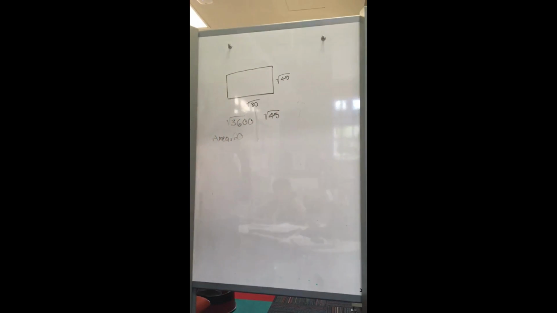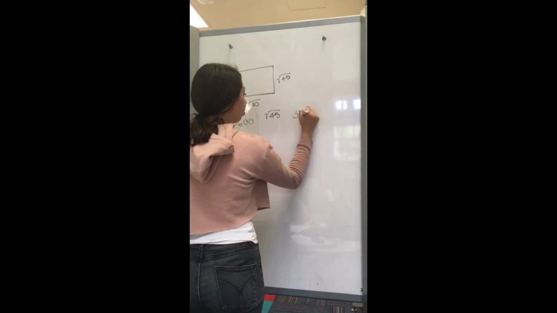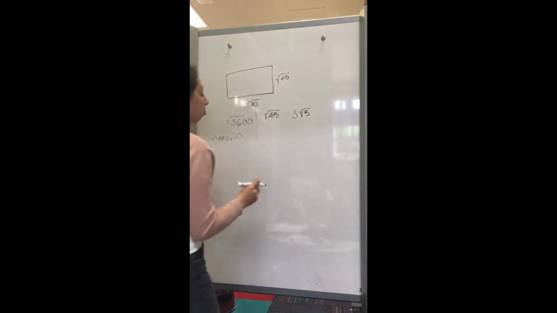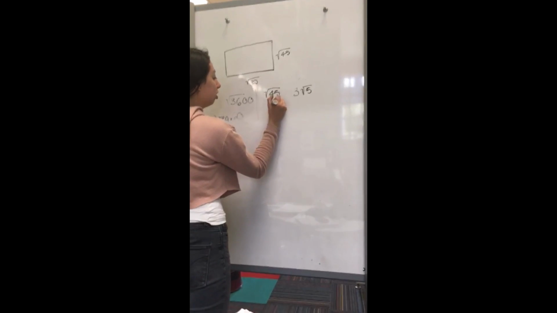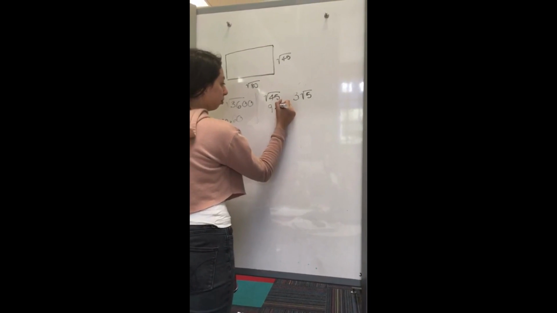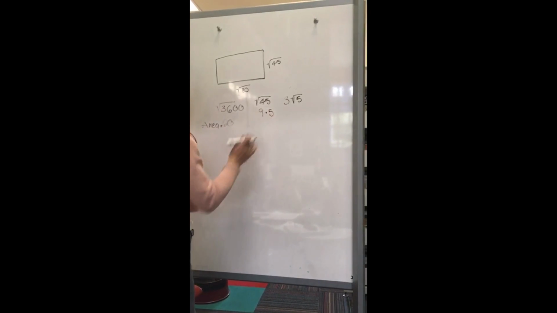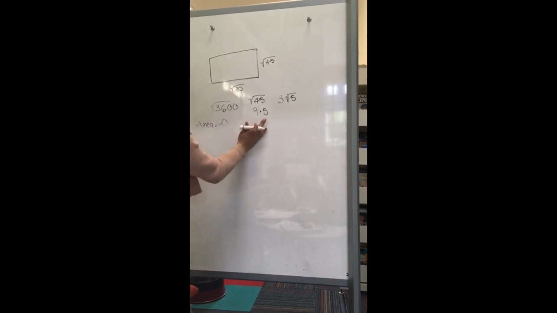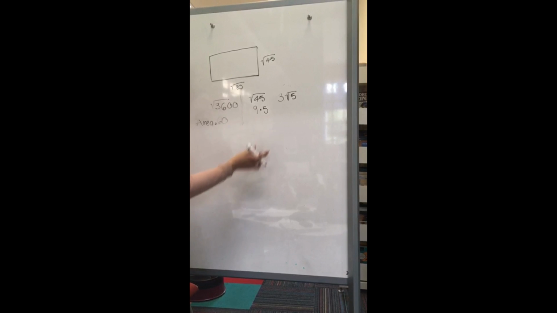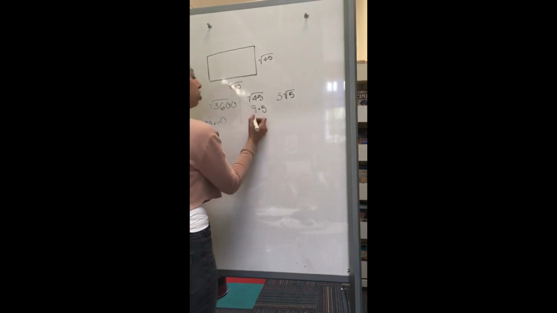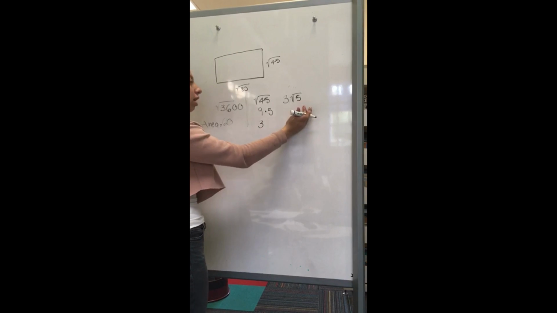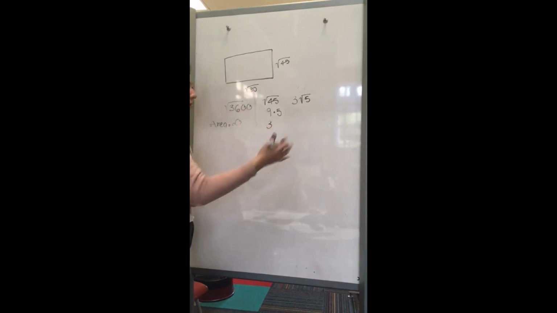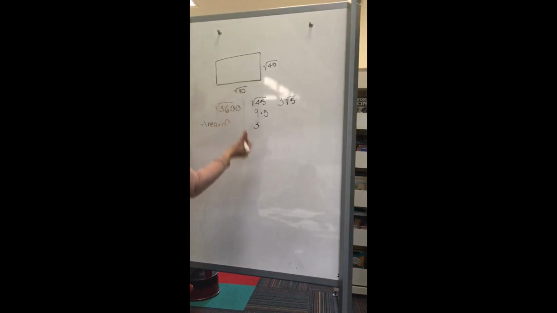So the 45 would be 3 square root of 5, because 45 is equal to 9 multiplying for 5, and 5 doesn't have a perfect square root, but 9 does, which is 3. So we have the 3 here, and the 5 stays inside the root. So it's the same with the 80.